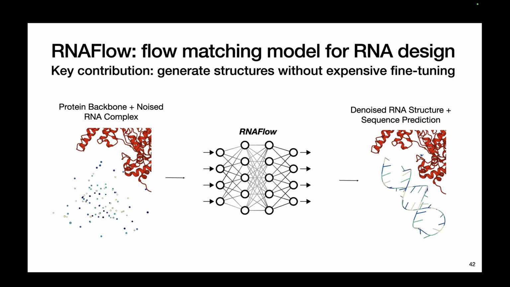Basically, we have a protein backbone and noised RNA complex as an input, and we feed that through RNAFlow to generate the sequence and the structure of the RNA that presumably binds to this protein, right?